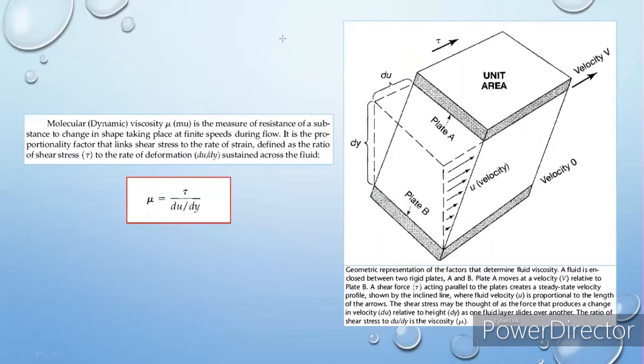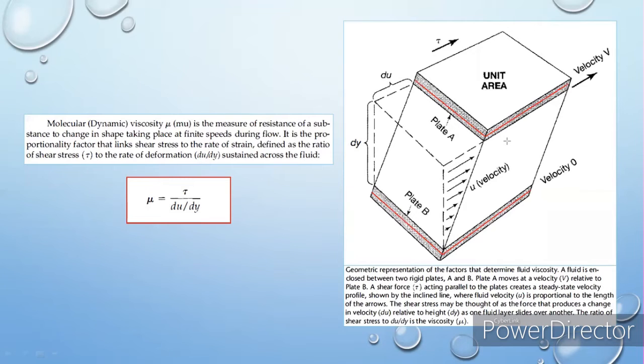For a more rigorous examination of viscosity, we consider a simple experiment. Here in this illustration, a fluid is enclosed between two rigid plates A and B. The fluid can be thought of as forming parallel sheets between the plates.